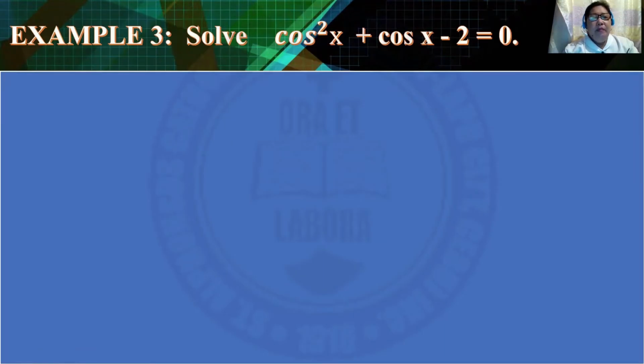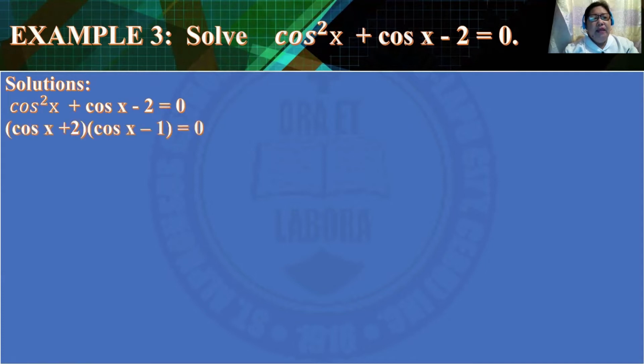Next, example number 3. Solve cosine squared x plus cosine x minus 2 is equal to 0. For the solutions, you copy first the given, and then you can factor the trinomial. The factors of cosine squared x are cosine x and cosine x.